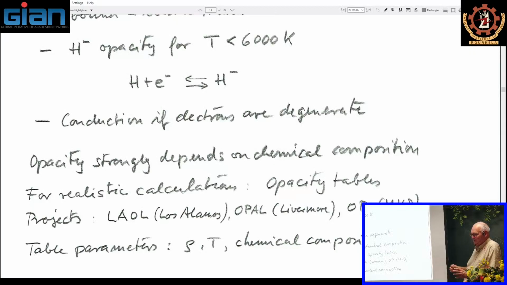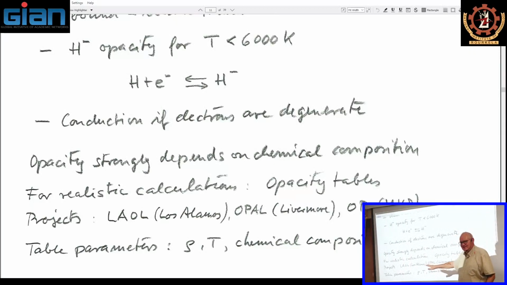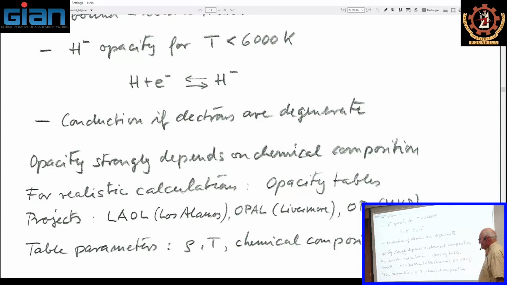So that's why these guys are interested in opacities for other reasons also, and in their free time they calculate opacity for their astronomical colleagues. Okay. So the parameters of these tables are usually density and temperature, or alternatively pressure and temperature, and chemical composition.